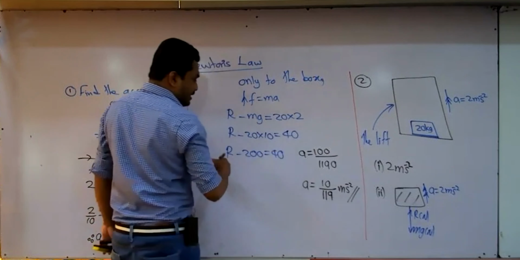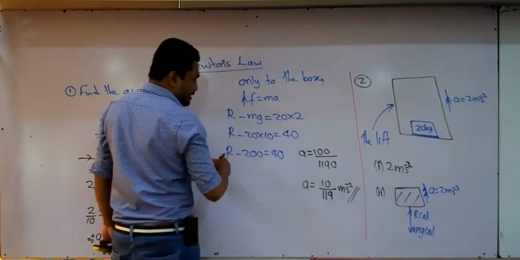The logic is this, dear. So this is the lift. I'll draw the two figures separately. This is the lift. I'll draw the dotted line. And I'll draw the box and the lift separate. Like this. Right? The lift gives a force of R Newton upward to the box.